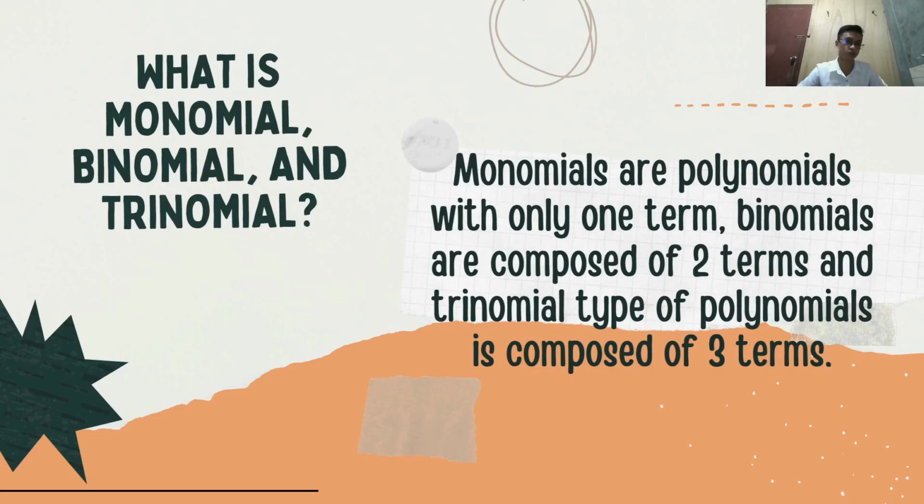Binomials are composed of two terms, from the word bi. And a trinomial is a type of polynomial that is composed of three terms.